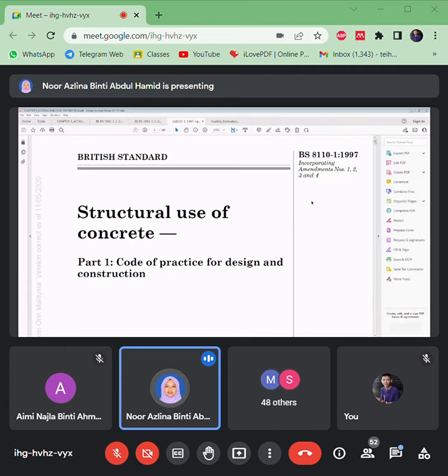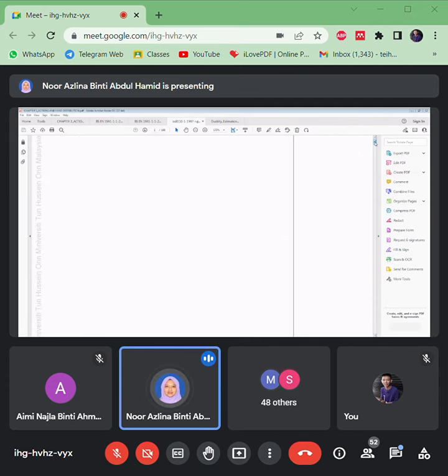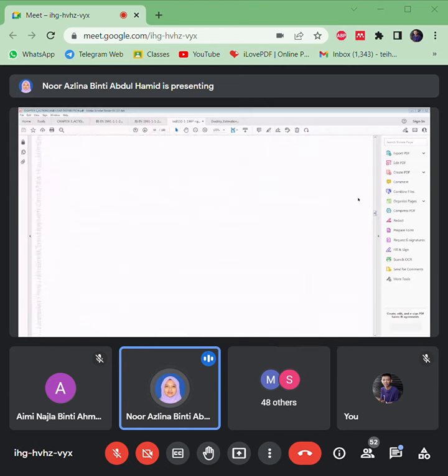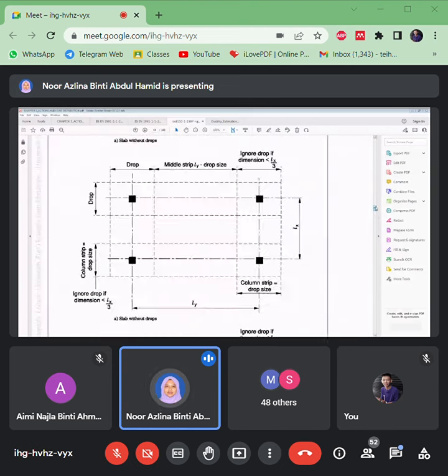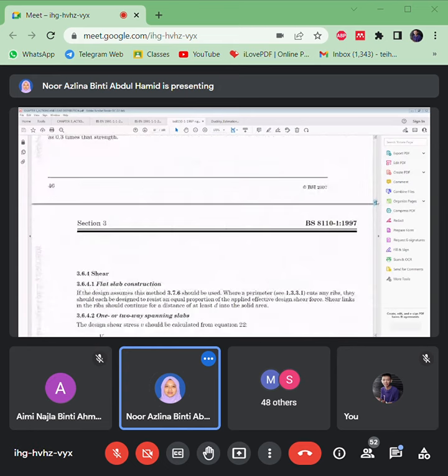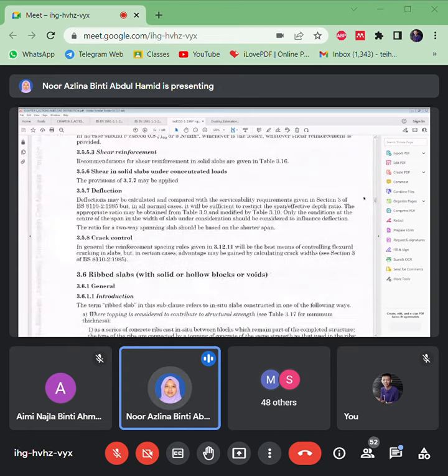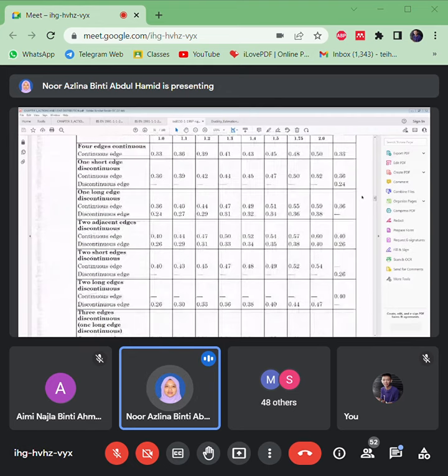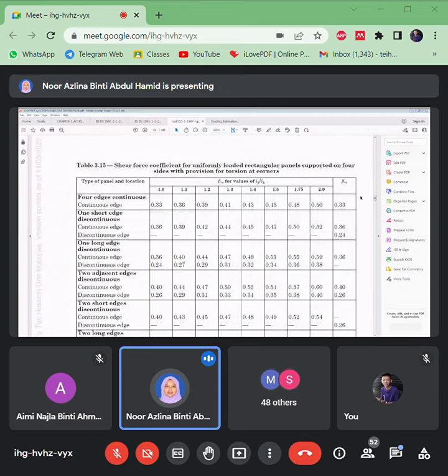You're all grown up now. So this is British Standard 8110, Part 1, Code of Practice. The table can be found at page 43. If you always refer to the tables, after a while you open it and already know which page it's on. This is the table in page 43 of BS 8110.